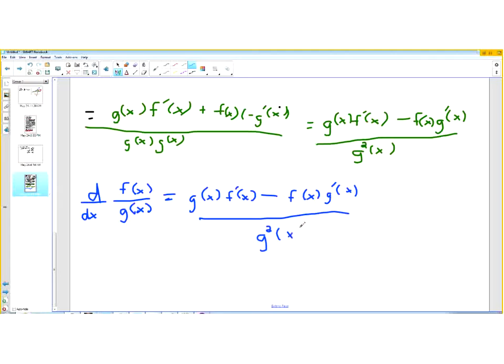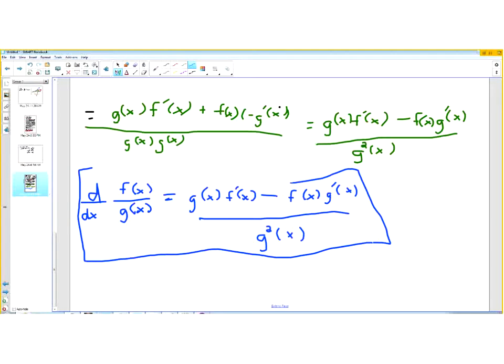And I would suggest memorizing this formula as well. When you work through the WebAssign, you'll encounter a lot of problems which ask you to compute the derivative of a quotient of functions.